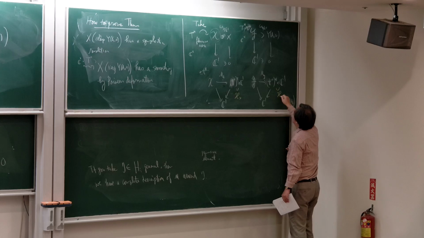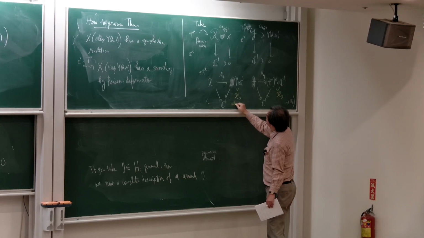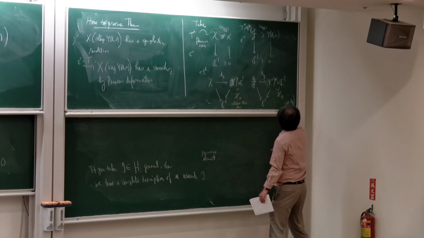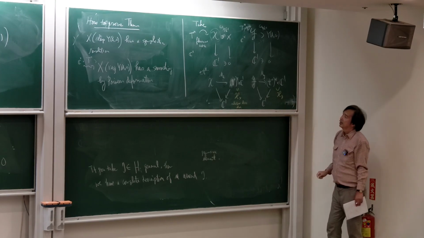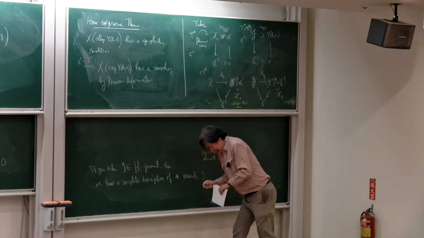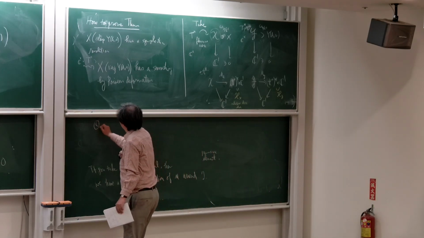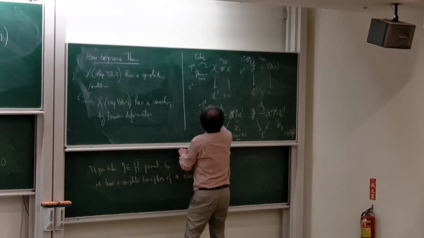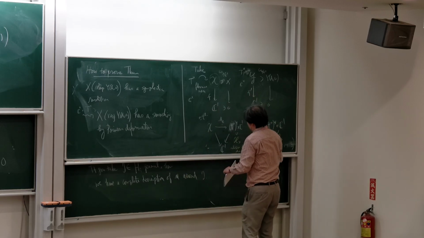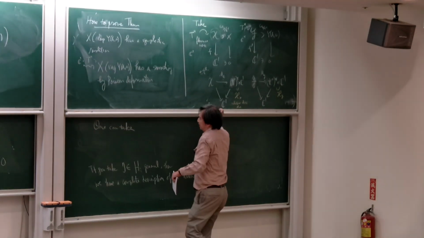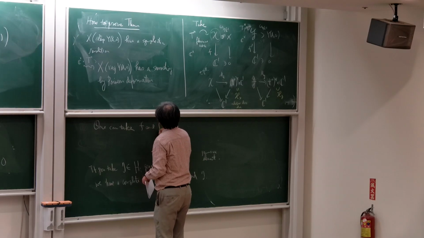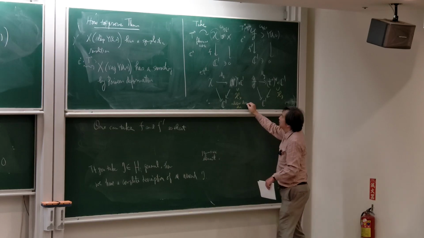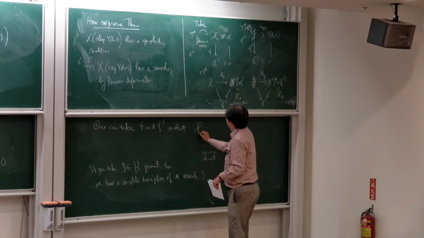This is a relative discriminant divisor, and this is the same. One can take, say, this f and f prime, so that this relative discriminant divisor is the same.